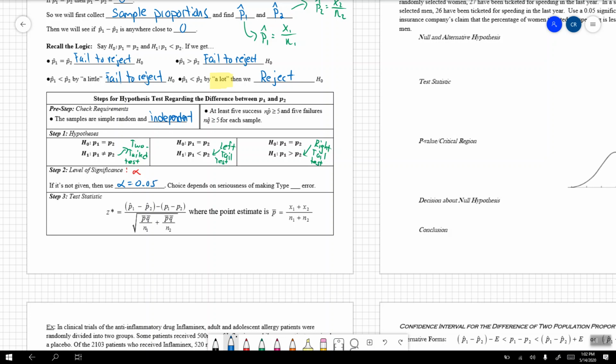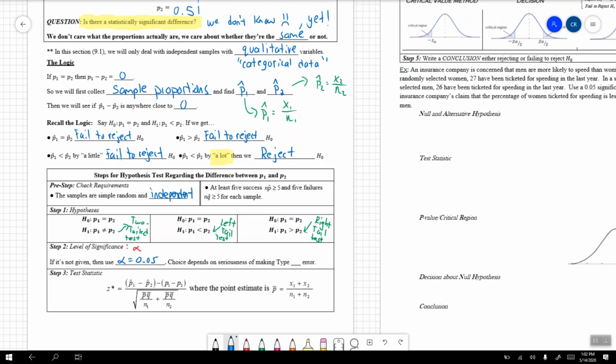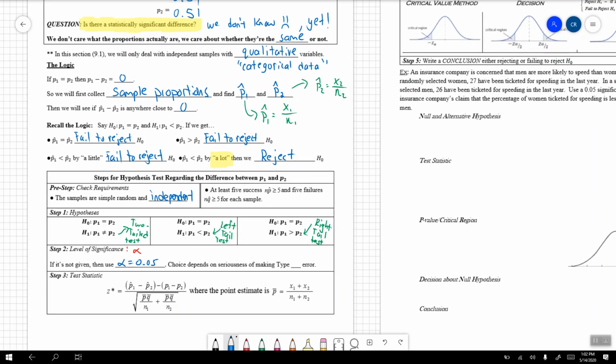Now, why do we use alpha as 0.05? Well, if you remember, when we were looking at making the statistical significance, or something that is significantly high or significantly low, we always use that 5% rule.